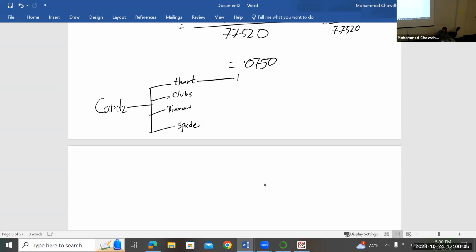It has 13 cards in each suit, right? What is this 13 cards? This is from 2, 3, 4, 5, 6, 7, 8, 9, 10, Jack, Queen, King, Ace. 1, 2, 3, up to 13.